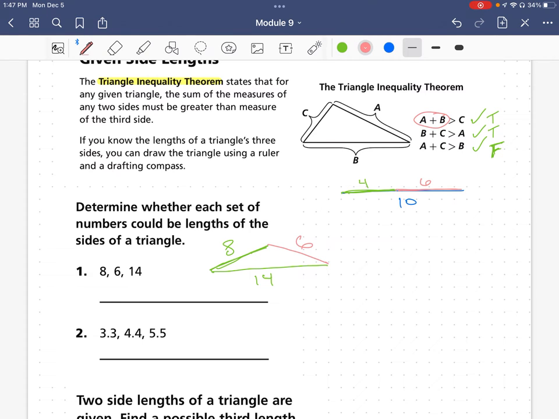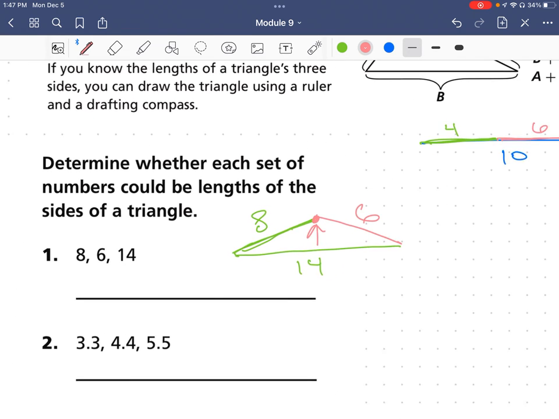Are these long enough to where they can high five each other here and have space? Pause the video, think it over. Is this going to be a triangle just looking at the numbers? And does this pass our triangle inequality theorem?